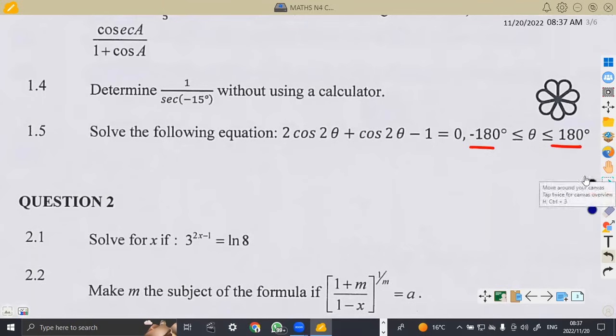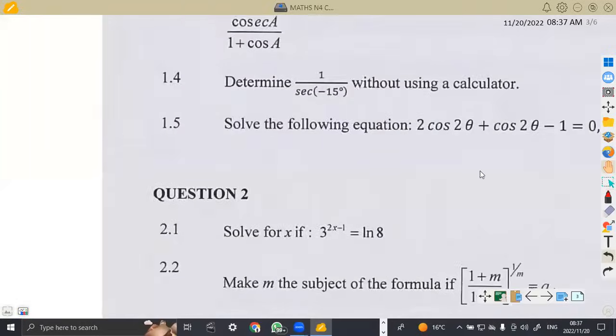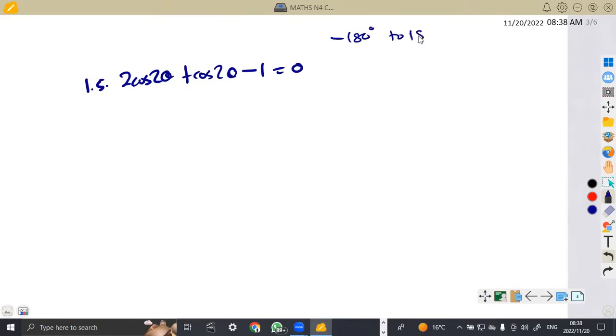Okay, so let's just write our equation first. This is 1.5. It was 2 cos 2 theta plus cos 2 theta minus 1, which was equal to 0. So that was the equation that we are being given to solve from minus 180 to 180 degrees.